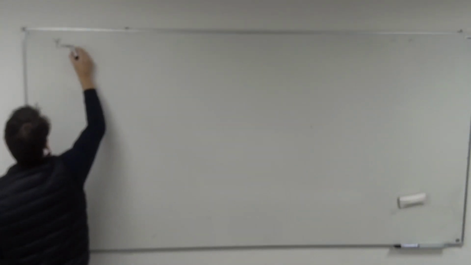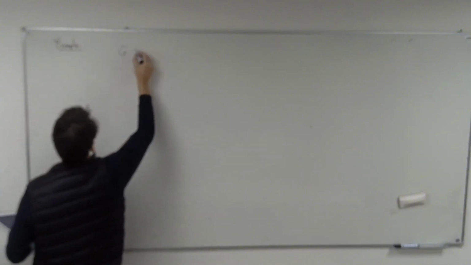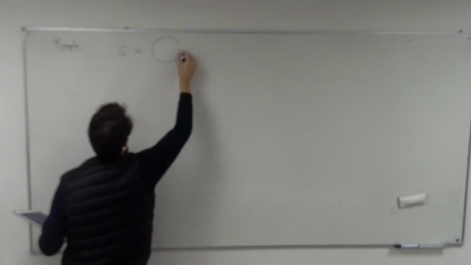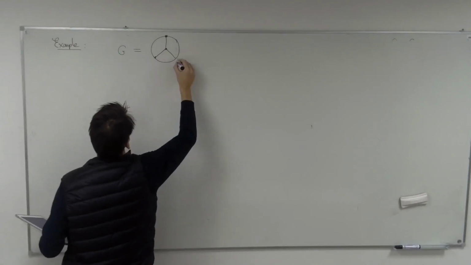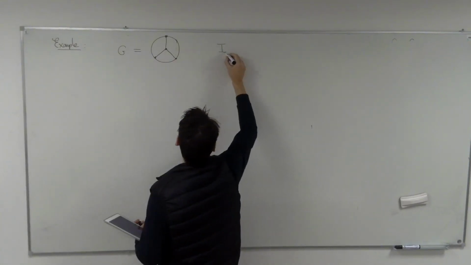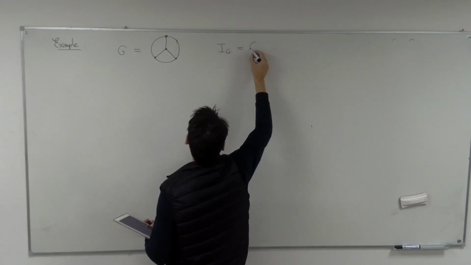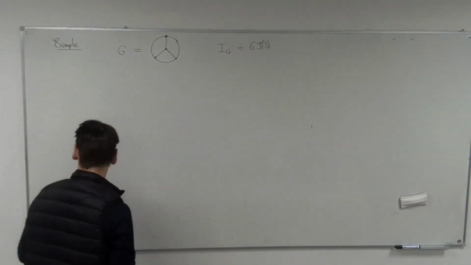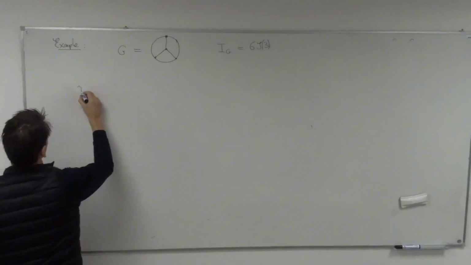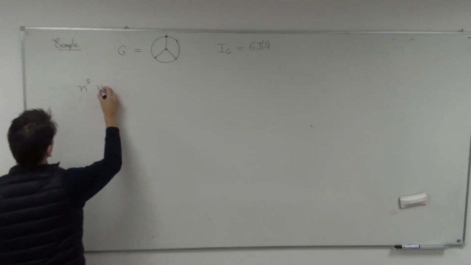Okay, so let me finish with one detailed example. Let's take G, the wheel with 3 spokes, whose residue was 6 times zeta of 3. And so the recurrence is this.